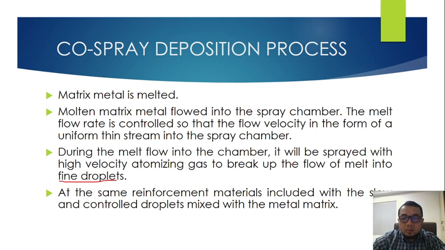Here is the important part: at the same time, the reinforcement material is included with the slow and controlled droplets mixing with the metal matrix. So in this technique you must control the spray, which I showed you earlier. We must control the SiC particulate.